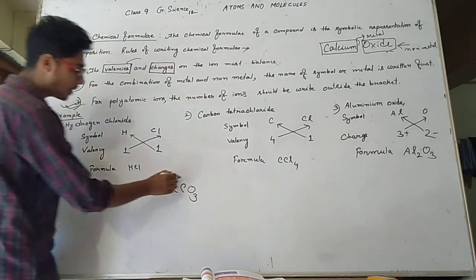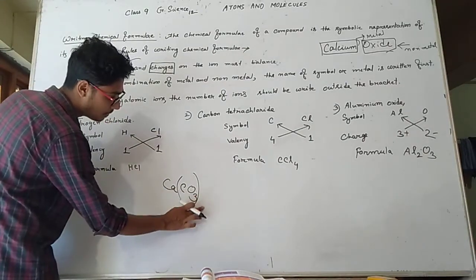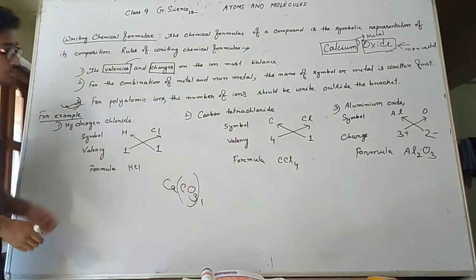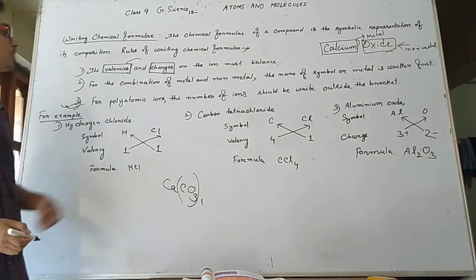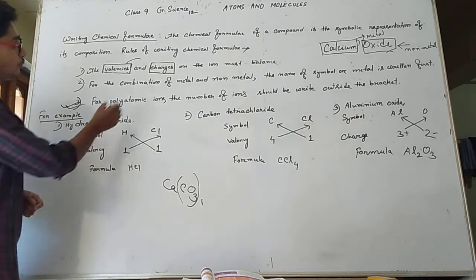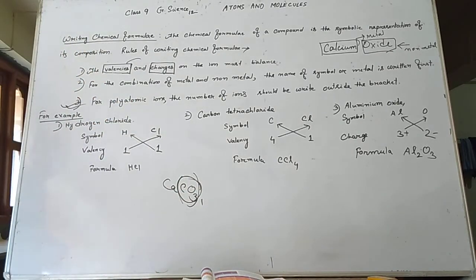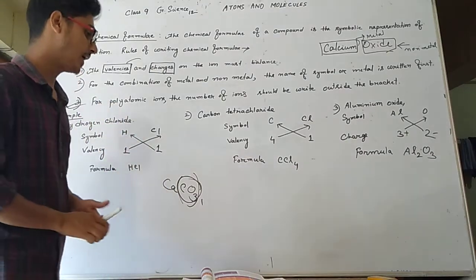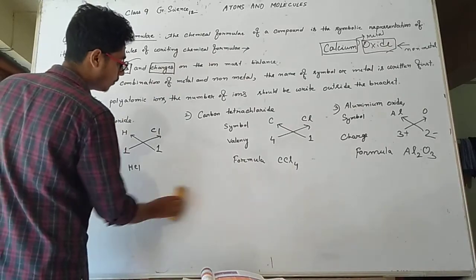Here, what is the number of ions? Here, no number is given, so it is 1. The number of ions you have to write outside the bracket. Carbonate is a polyatomic ion, so you have to write the number of ions outside the bracket. So these 3 are the rules for writing chemical formula.